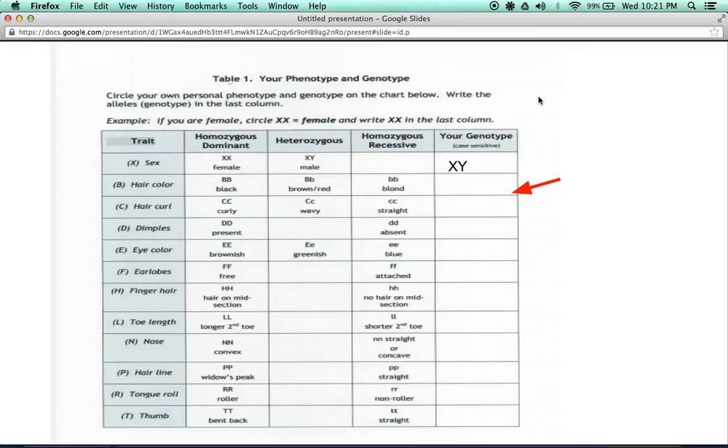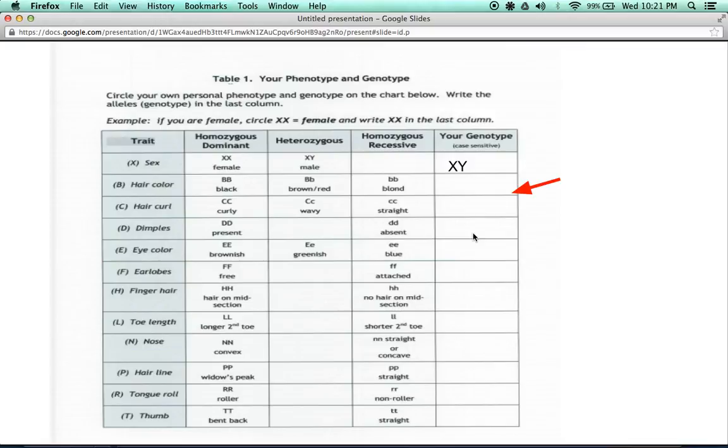So hopefully students would know that on their own, but at the same time, they're figuring out their own genotype, and they're making sure that they're writing it out right here in each box. And so each person would have one of these tables.